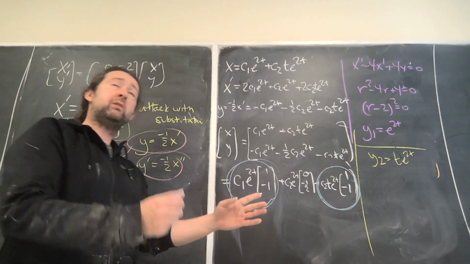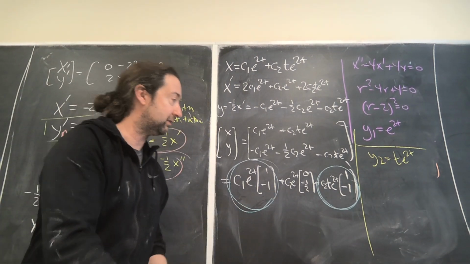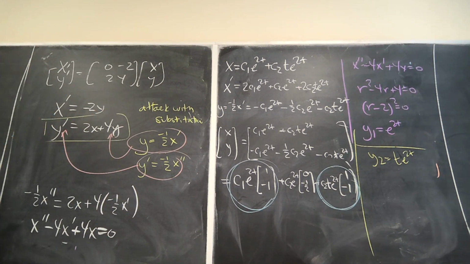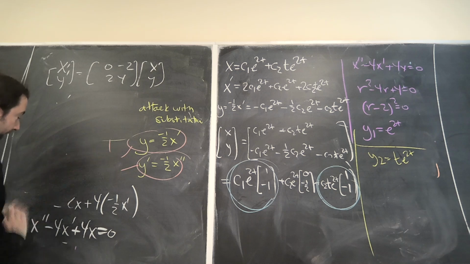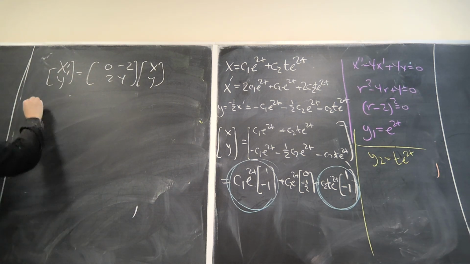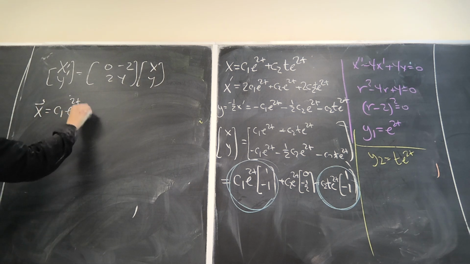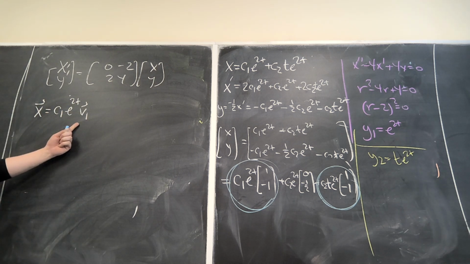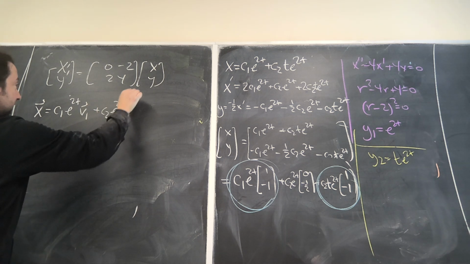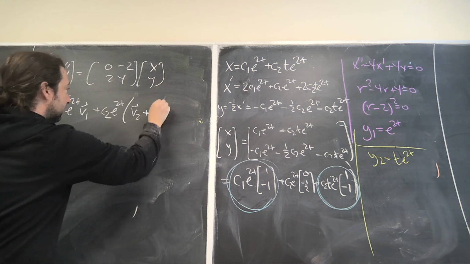They're not picking up some different direction in the eigenspace. This is still just sitting in the same one-dimensional space. So if I go one step further and I write this abstractly, what we've gotten here is that our solution x is c1 e to the 2t v1, where v1 was the eigenvector, plus c2 e to the 2t times (v2 plus t v1).